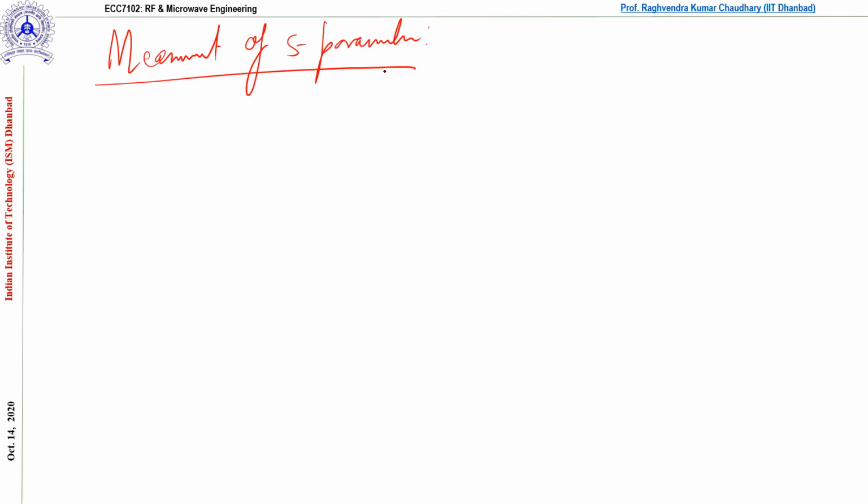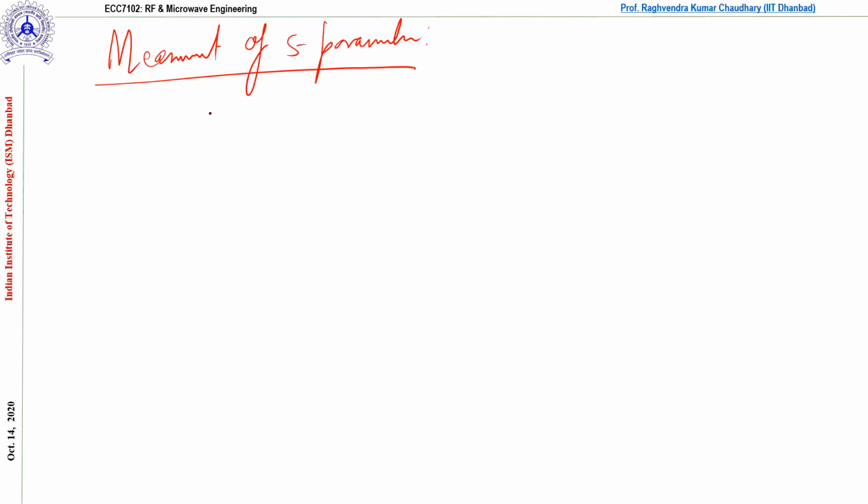You already performed these when you studied the two-port network, correct? So I'm going to talk about the measurement of S parameters. There's one experiment we designed, and in that experiment you will go through how you can measure the S parameters also.